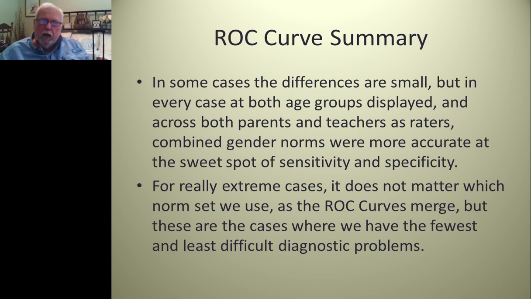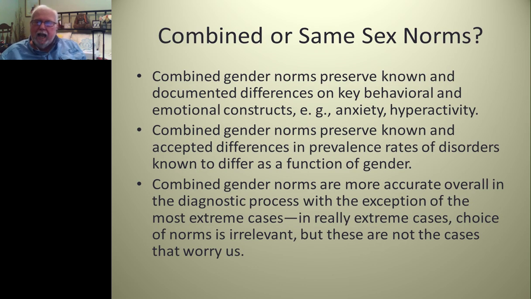So the accuracy data tells us that combined gender norms preserve known and documented differences on key behavioral and emotional constructs like anxiety and hyperactivity. Combined gender norms accept differences in prevalence rates of disorders known to differ as a function of gender.